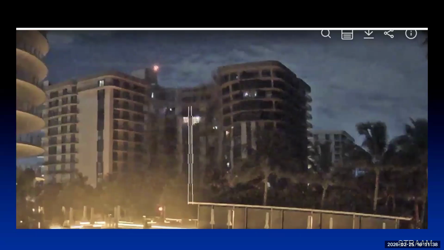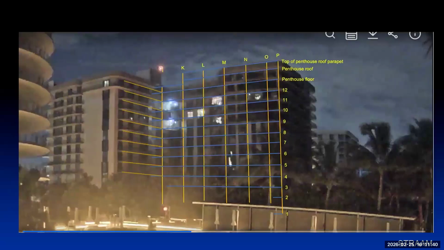Now let's look at Champlain. What I'd like to do here is show you a series of photographs taken as the tower on your right in this photograph was just collapsing. So Tom, could you go through the series of slides here?